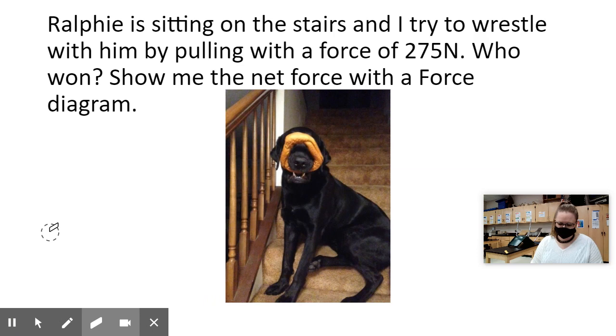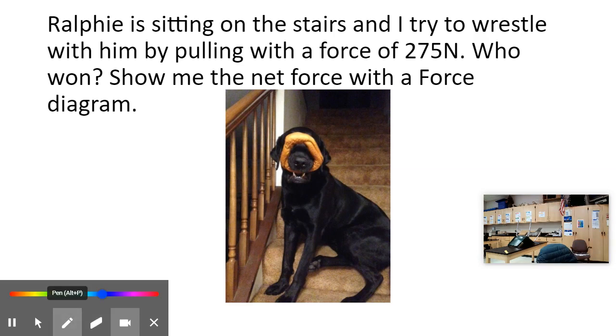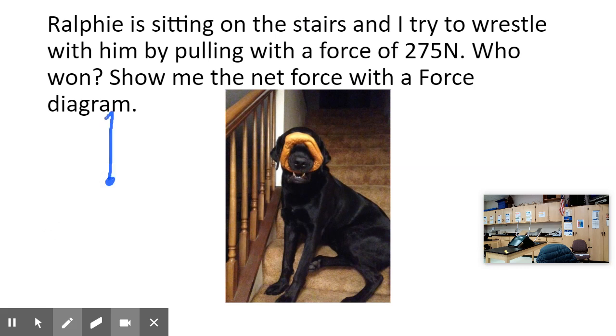Okay, so depending on how you saw this situation, you could have a couple of different force diagrams. But we know for sure that there's Ralphie. We've got our 490 newtons, Fn.